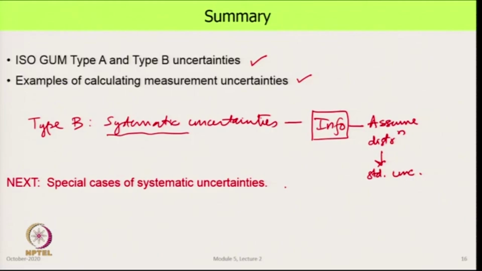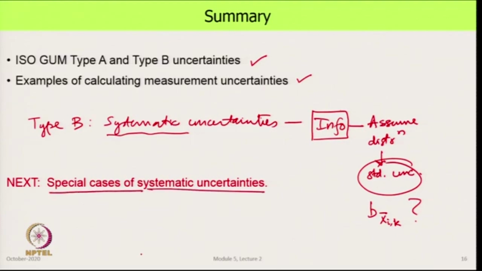The question is, how do we convert that data into a standard uncertainty? So, this would end up being some sort of a Bxi bar, comma k, the elemental systematic standard uncertainty. This is what we will pick up in the next lecture, where we look at special cases of systematic uncertainties.